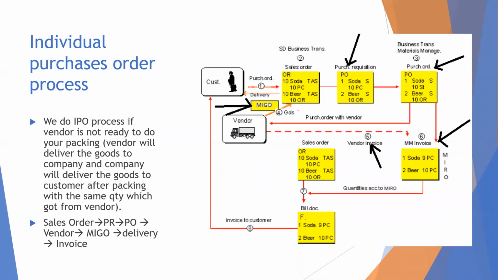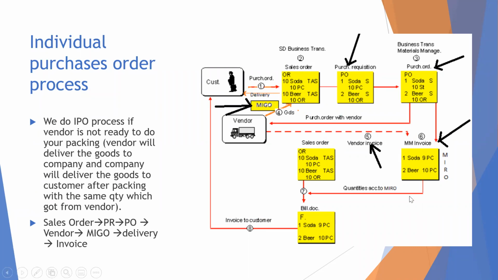Then we have another process, the individual PO process. In the individual PO process, the vendor is not ready to do the packing. So the vendor will directly deliver the goods to the company, and again the company will deliver the goods to the customer after packing, with the same quantity which it got from the vendor.